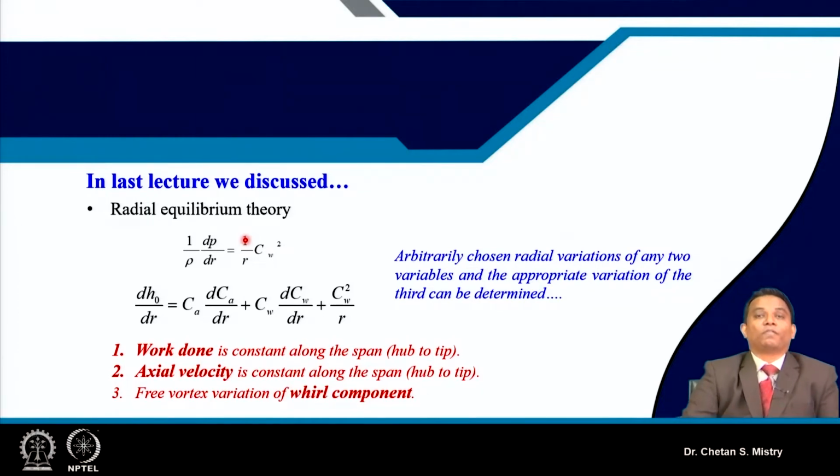Then, based on our fundamental understanding of thermodynamics, we have come up with a formulation which says that the stagnation enthalpy change along the radius is a function of the axial velocity and its change, the tangential velocity component and its variation, along with the centripetal force.